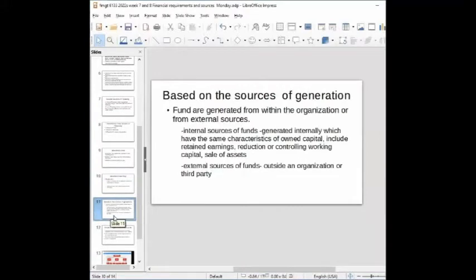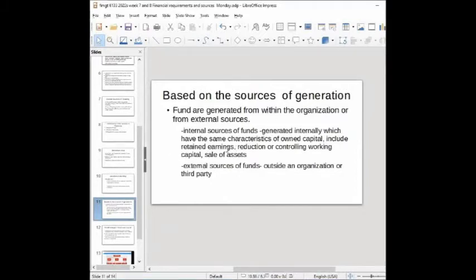The last classification is based on the sources of generation. This basis of categorizing the sources of funds looks at whether the funds are generated from within the organization or from external sources.